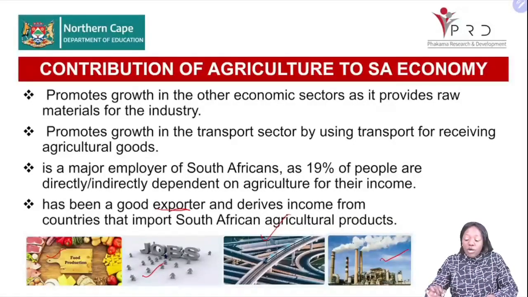So therefore, there will be industries or factories or manufacturing companies that will be opened, so that there will be more people who will be hired again. There will be more drivers who will be hired again to transport these different products. So therefore, a lot of jobs will be created.